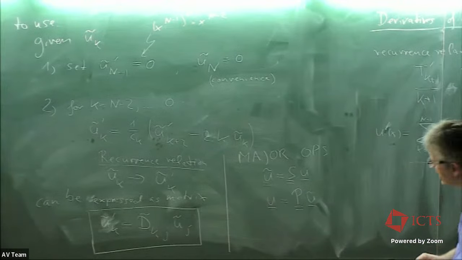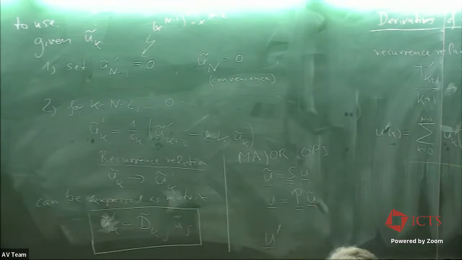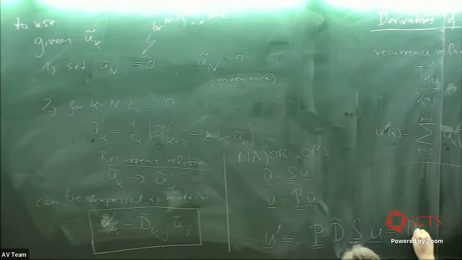And we have again the derivative at the grid points, U prime, as a function of the original U at the grid points. We can do the S to get to spectral space. We can hit it by the D matrix. And we can go back to real space with the P. And so this is a D matrix acting on all the grid point values.